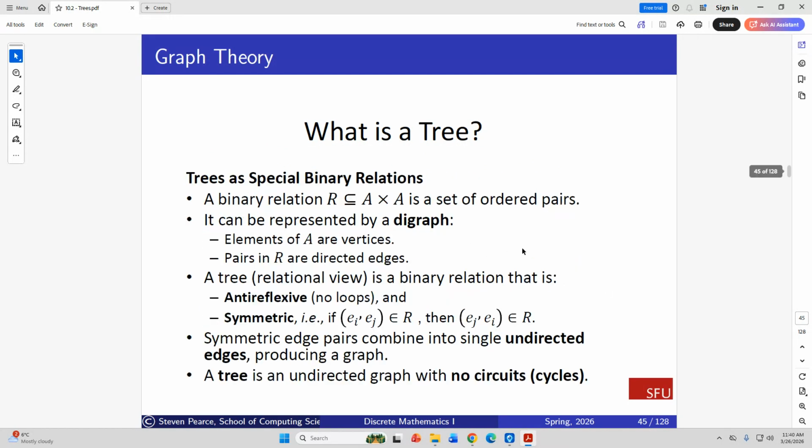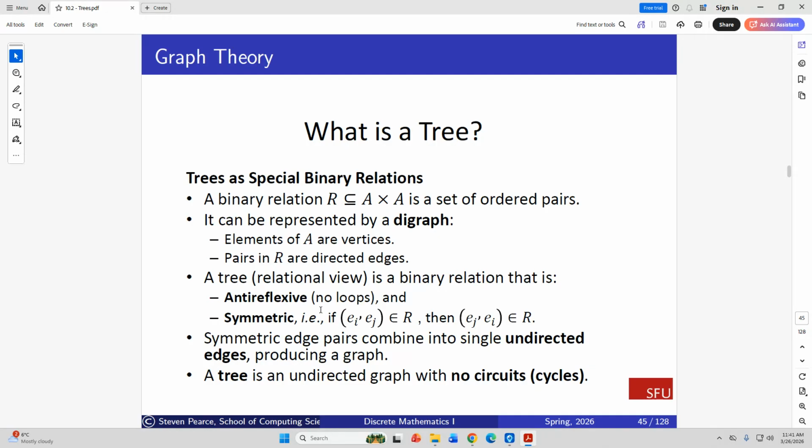Okay, yes, this is repetition. Trees as special binary relations. A binary relation R on the Cartesian product A cross A is a set of ordered pairs. It can be represented by a digraph. Elements of A are vertices.